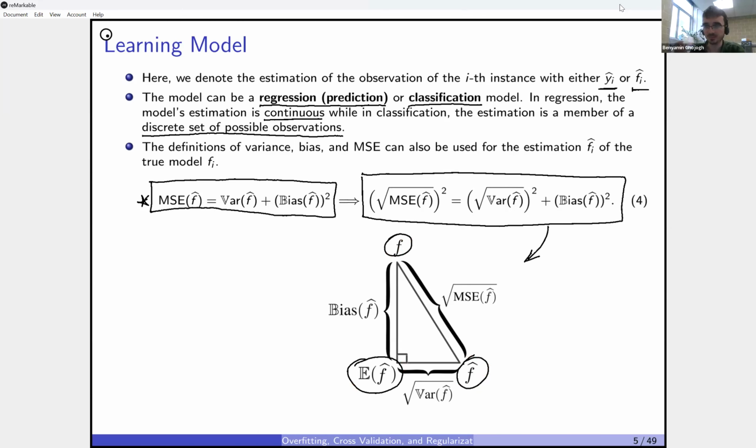Or the mean of the estimation. Also, this is the bias of estimation. This length is the square root of the mean squared error of estimation, and this length also is the square root of the variance of estimation. This length is the bias of estimation, right?